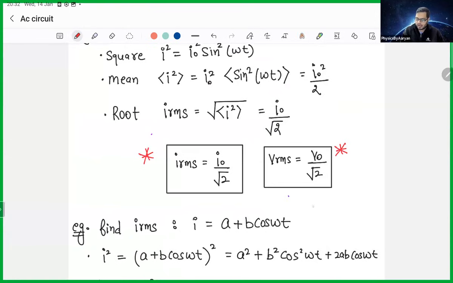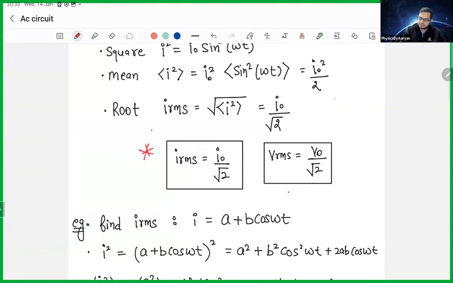ये आपने बहुत बार देखा होगा. IRMS is equal to maximum value divided by root 2. VRMS is equal to maximum value by root 2. It basically means a very simple thing. If your instrument is measuring the voltage 220 volt, that is your RMS voltage. In today's class, I'm not going deep into the physical significance of RMS because we are training a little for the GATE exam.